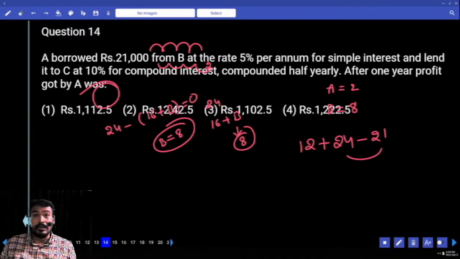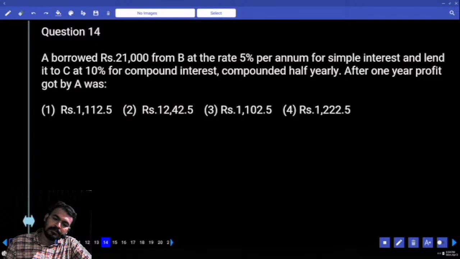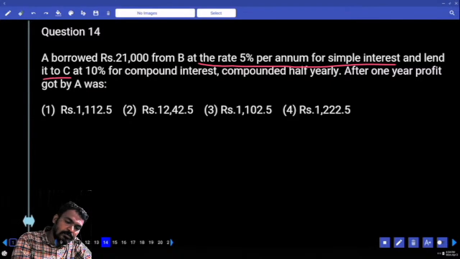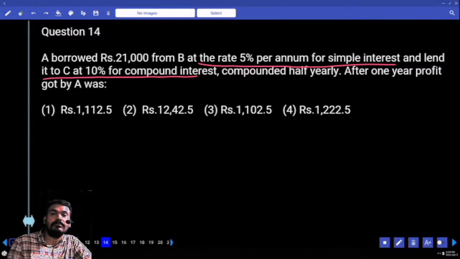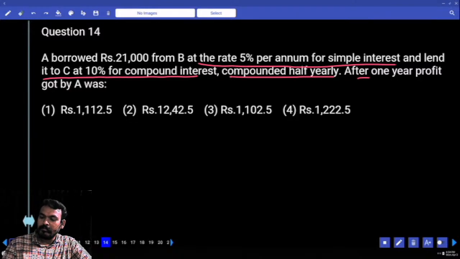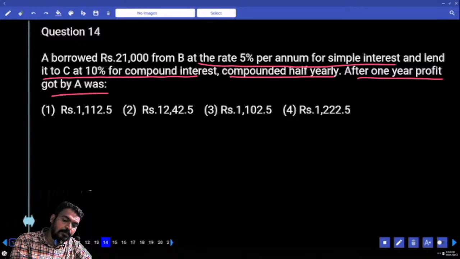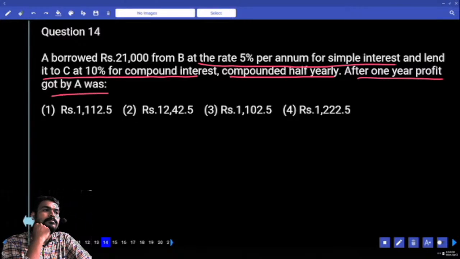Question number 14. A borrowed 21,000 from B at the rate of 5% per annum simple interest and lent it to C at 10% per annum compound interest, compounded half yearly. After 1 year, find the profit got by A. Okay.